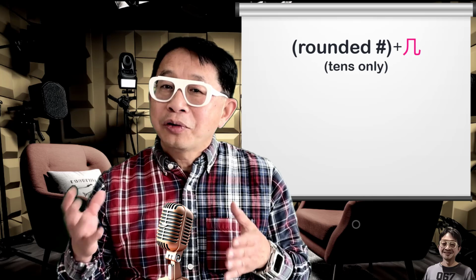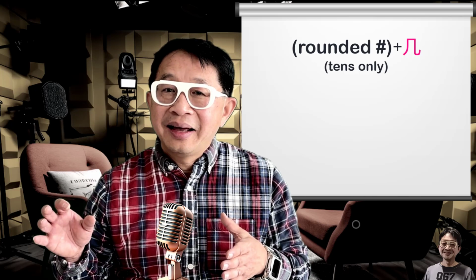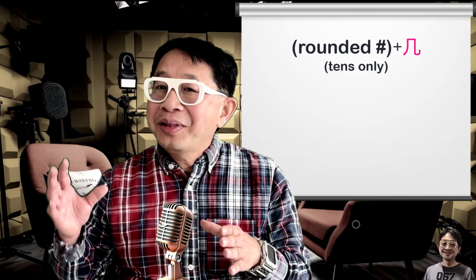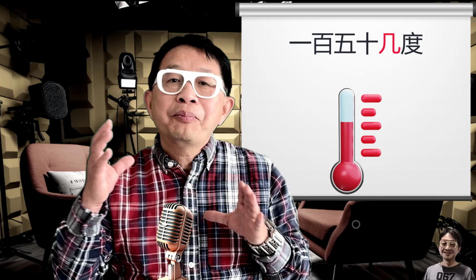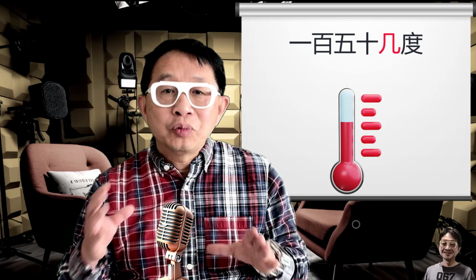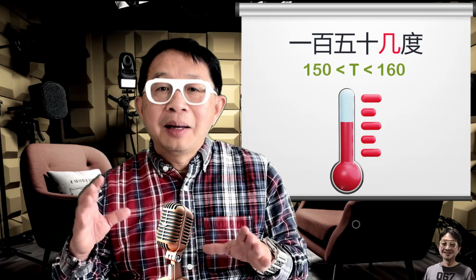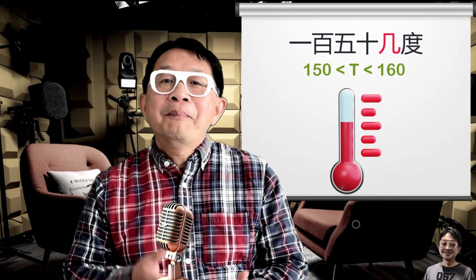Another suffix that's similar to 多 is 几, but 几 can only be added to the tens, so its usage is more limited. I can talk about there being 20几人, that is more than 20 people, but fewer than 30. Or I could talk about the temperature being 150几度. That is, the temperature is above 150 degrees, but less than 160.